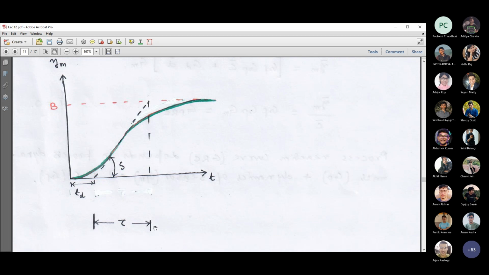Based on that concept, I have written here tau. If you recall the first order system response, there it was t by tau equal to 1. So t by tau equal to 1 means t equal to tau. That's why it is written here tau.